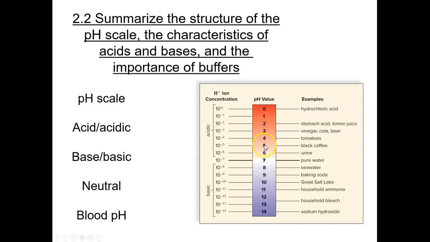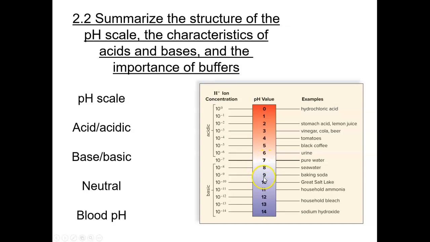So when you're asking me about 5 to 3, 5 to 4 is 10 times more acidic. 5 to 3 is 100 times more acidic. You've got to add another 0. 5 to 2 is 1,000 times more acidic. 10, 100, 1,000. So every unit of the pH scale is a 10 times difference. So pH 7 to 8 is 10 times more basic.